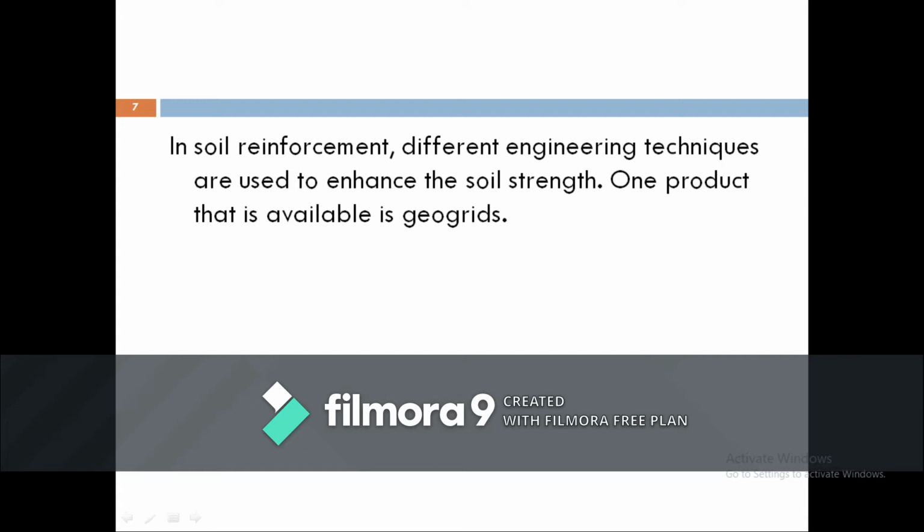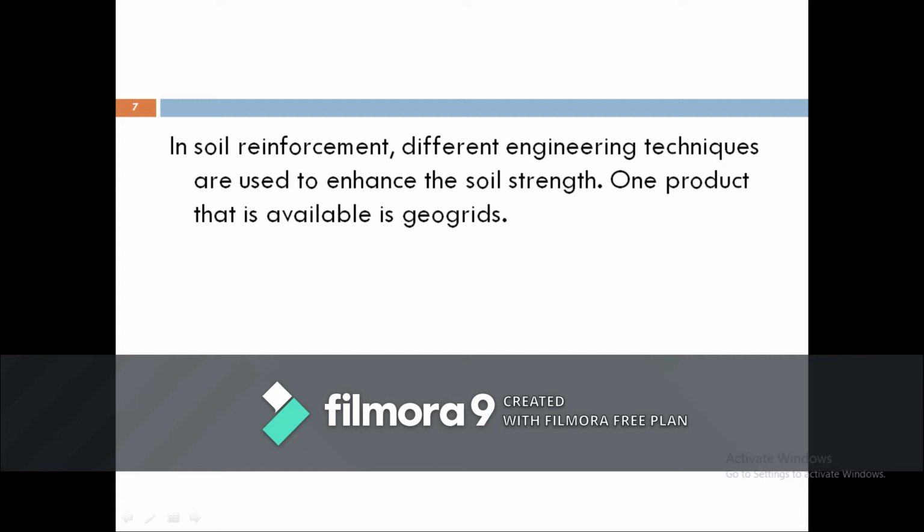So here we have used different techniques and methodologies depending upon the soil condition. The one main thing to be kept in mind is that ultimately the soil strength has to increase, whether you are using a natural product, a synthetic product, or an eco-friendly element. The ultimate thing I need is for the soil strength to be increased.